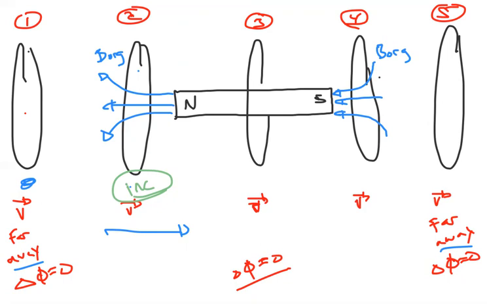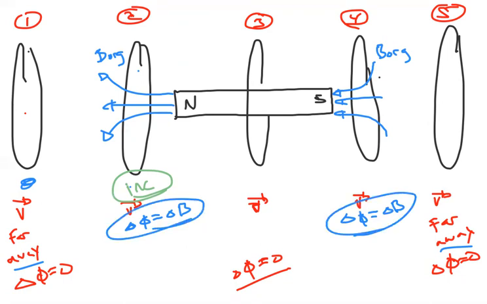So you could definitely say change in A, change in B far away, but as you're close, the change in flux really just comes down to the change in B. But it's both until you get really close. Okay, and that's absolutely true for over here as well. It's due to the change in the magnetic field again, but once we get further away, the area also becomes a factor.